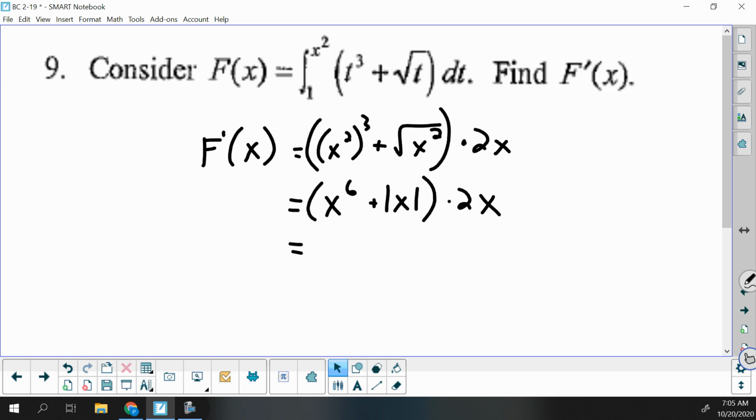So that means our absolute value in this case will just be an x. When we distribute that through, we'll get 2x to the 7th plus 2x squared.